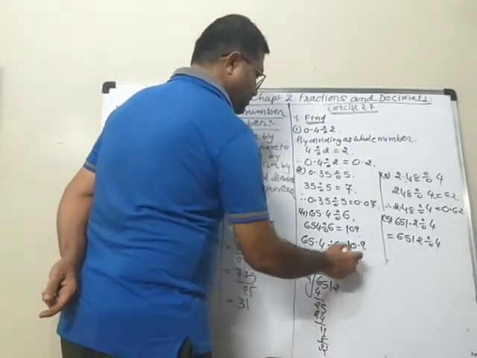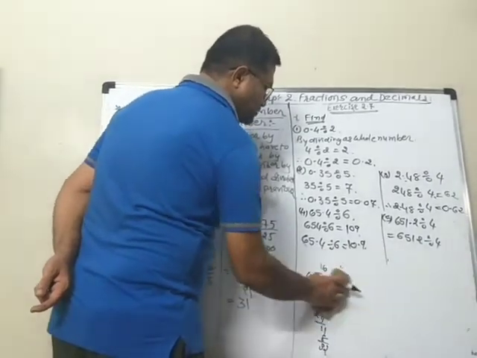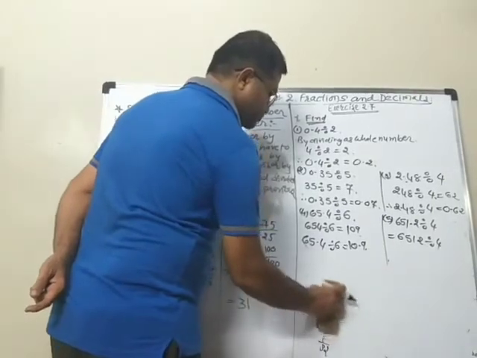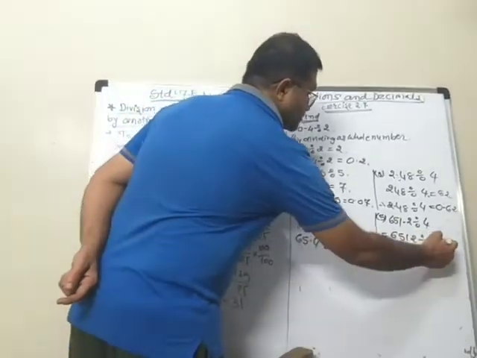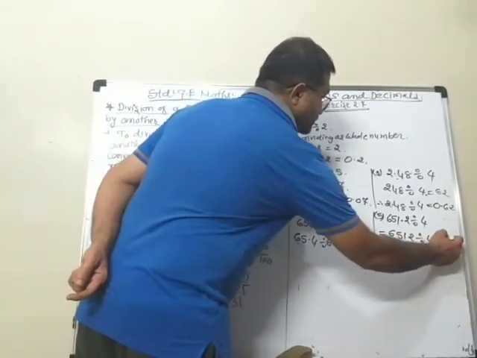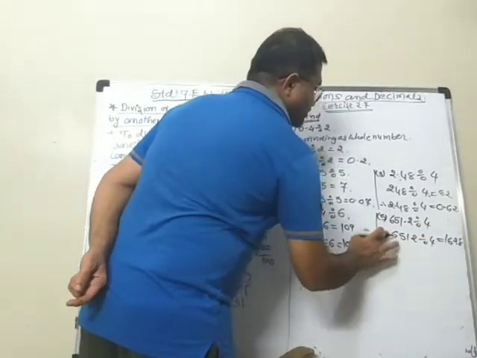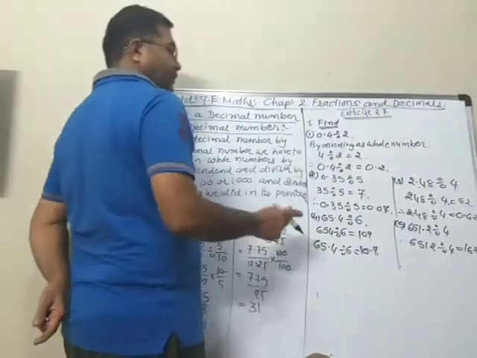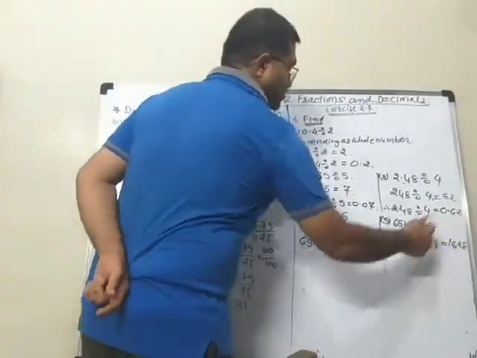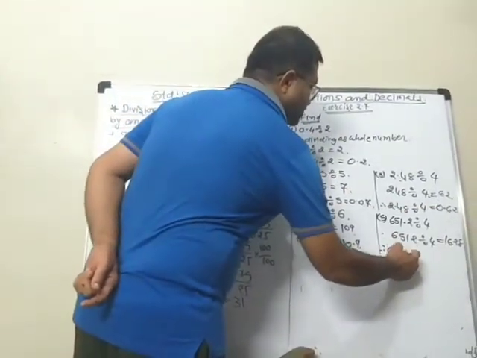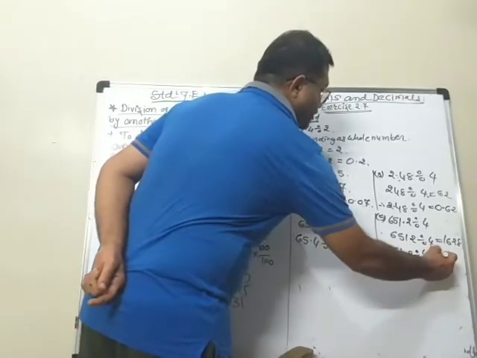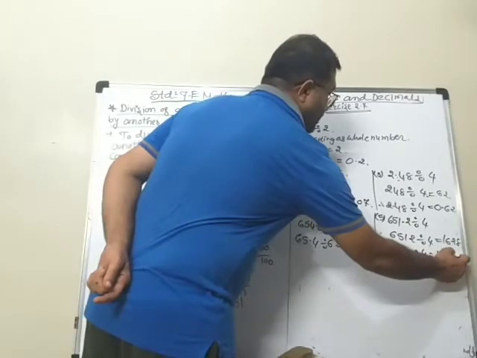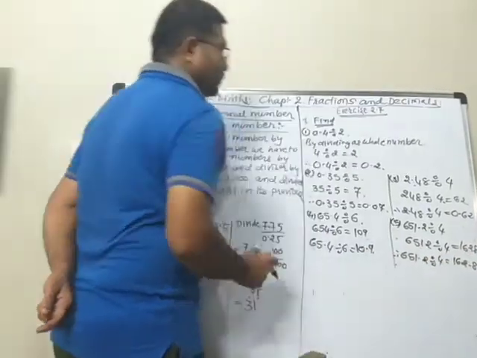And 4 eights are 32. So the answer is 1628. Now we have to put a decimal point. There is only one decimal place, so in the answer also, therefore 651.2 divided by 4 is equal to 162.8.